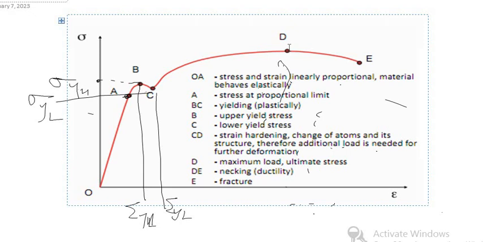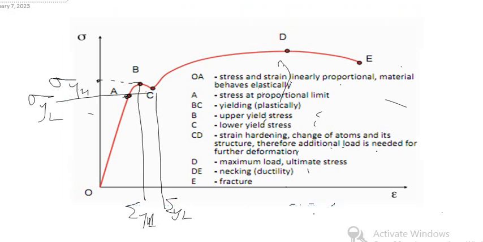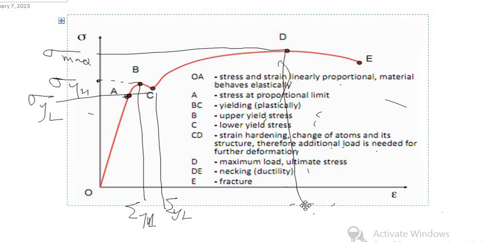The stress at this point is what we call the maximum stress or ultimate stress, and the corresponding strain is what we call the maximum strain. Anyway, the strain at this point is not the maximum strain, because as the loading continues, the strain is also increasing.